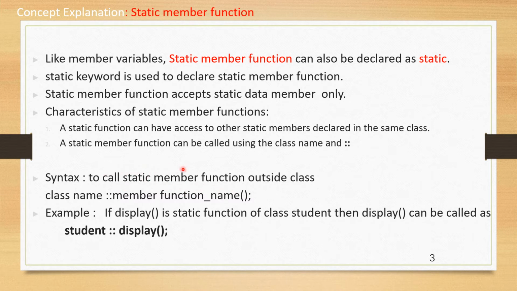To call the static member function outside the class we have to follow this syntax, otherwise it will not get executed. So if display is a static member function and the class is student, then you call it as student, scope resolution operator, display, open and close bracket and semicolon.